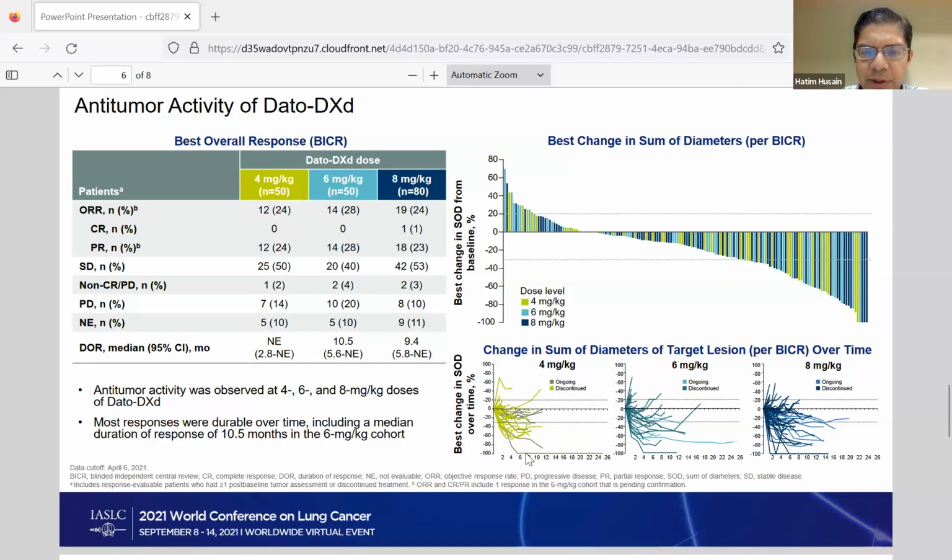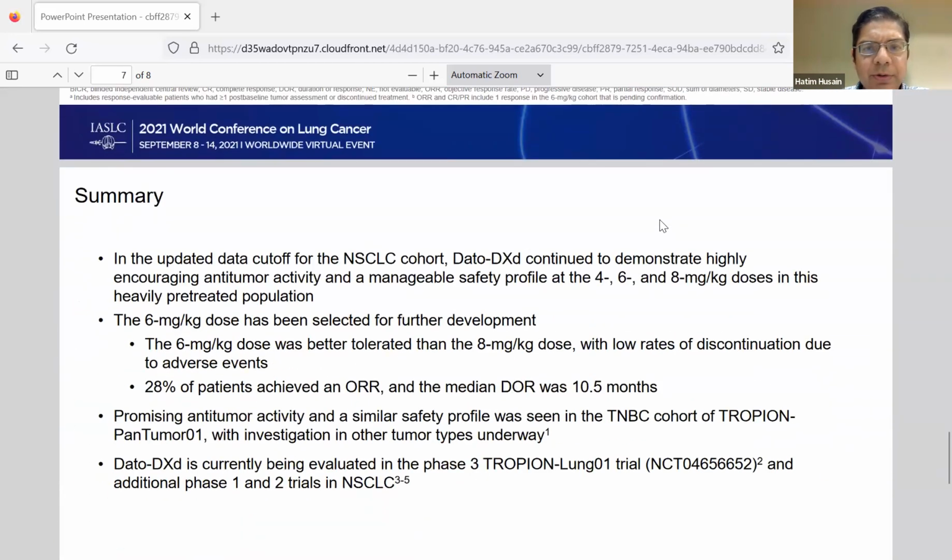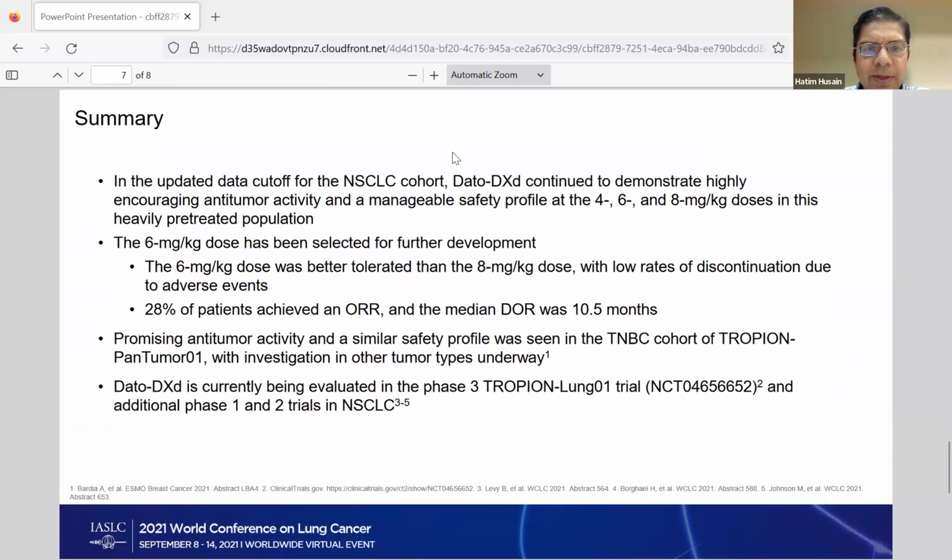And again, some patients are having long-term durability across the different doses. So the summary is that the 6 milligram dose was the one brought forward for the phase 3. 28% of patients had an ORR. The duration of response was 10.5 months. And this is also being tested in breast cancer.